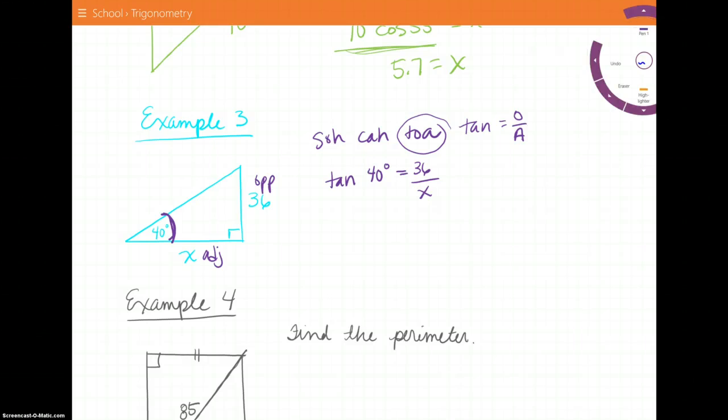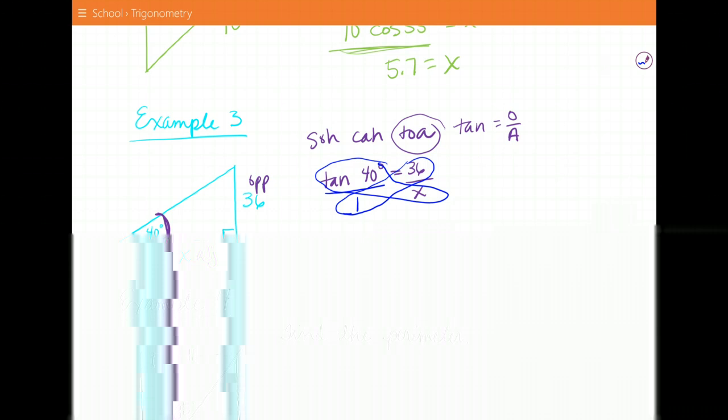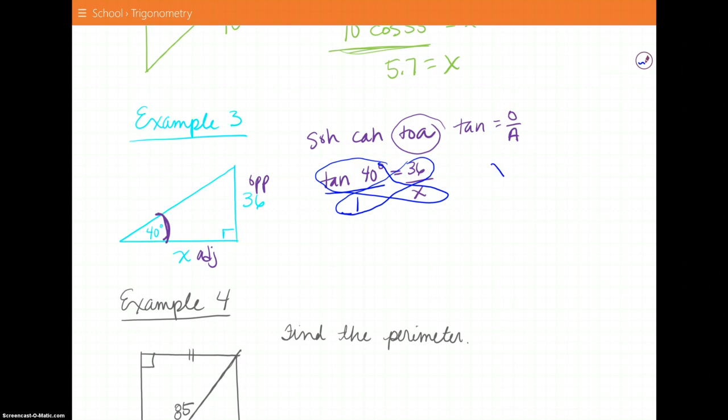It's not a big deal because we can think about this just like a proportion and we can do our cross products. So that makes this no big deal. So I'm going to say x times tangent 40 degrees equals 36 times 1, which is just plain old 36.